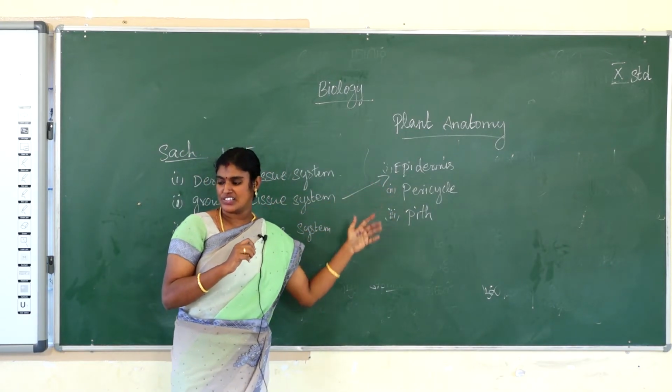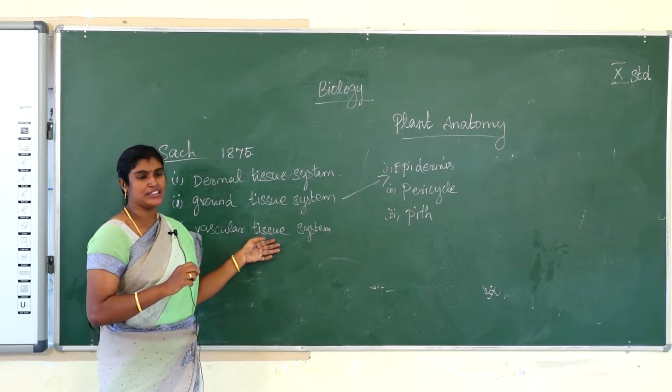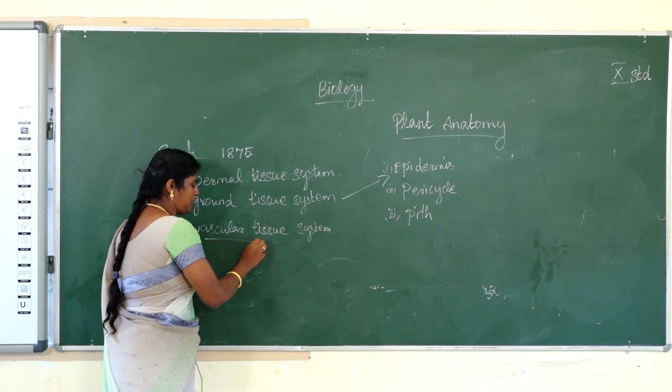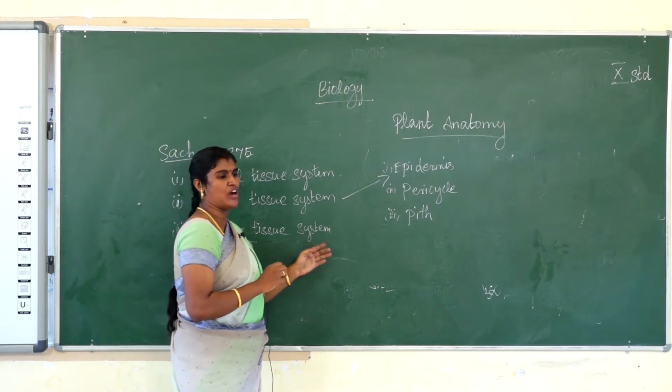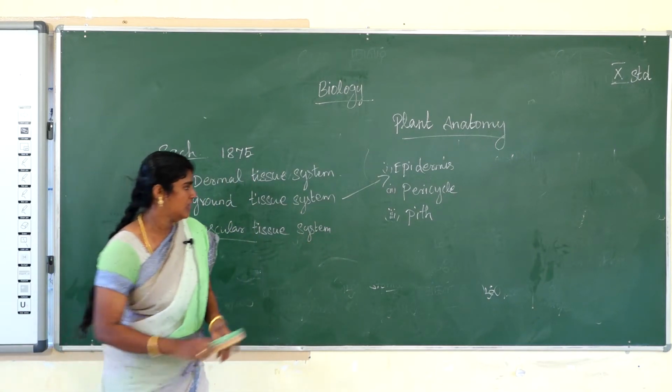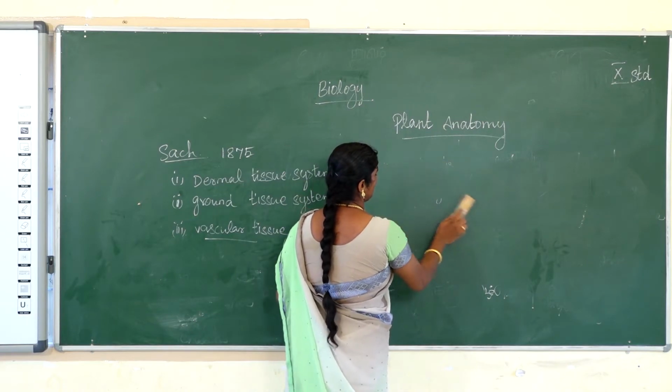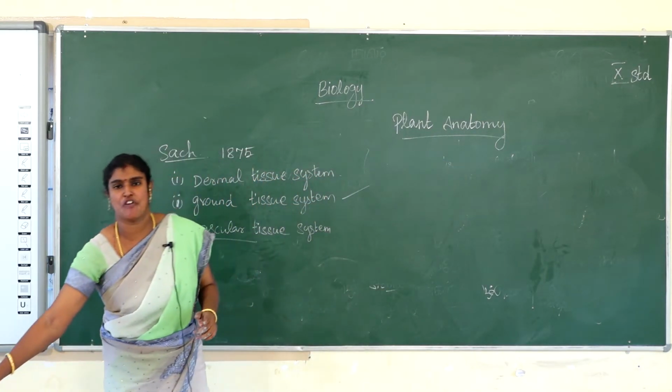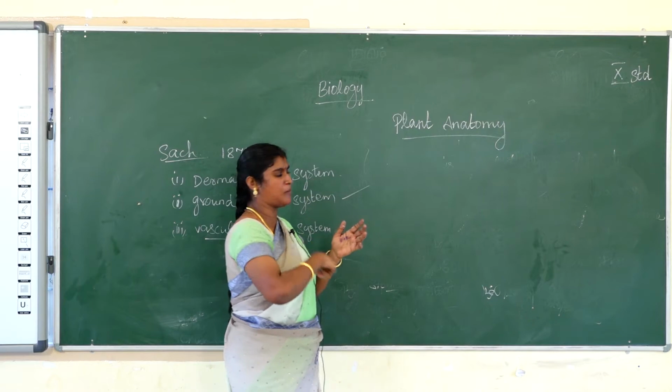Next, the third one, vascular tissue system. Vascular tissue means xylem and phloem are present. They are arranged in the form of bundles, called vascular bundles.